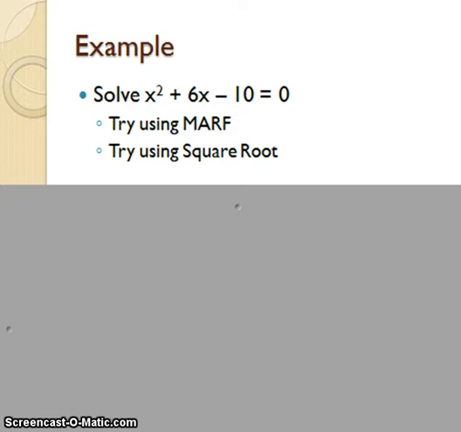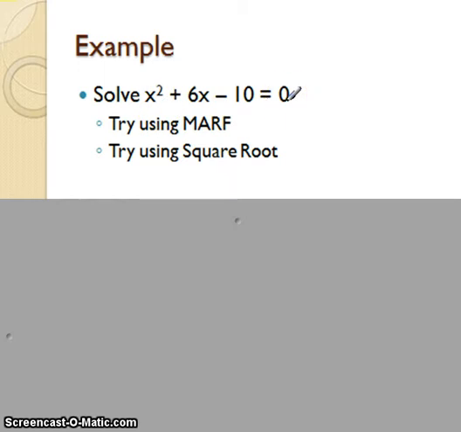Once again, this slide is going to motivate why we need this technique. If I try to factor the given quadratic equation by marfing it, finding factors of negative 10 that add to 6. Let's see, factors of negative 10 are negative 5 and 2, negative 2 and 5, 1 and negative 10.